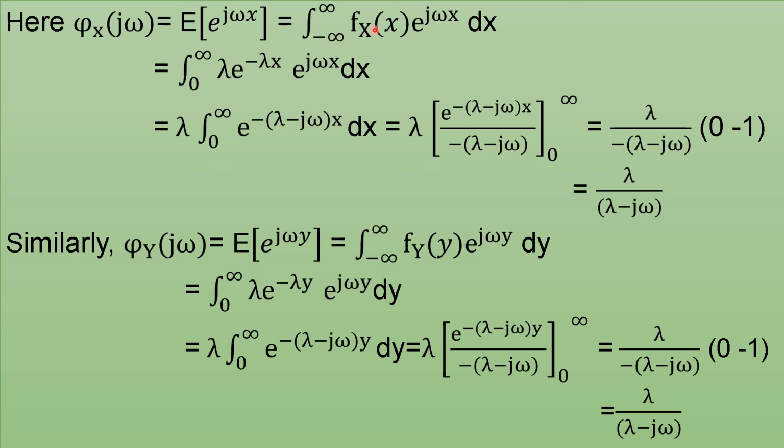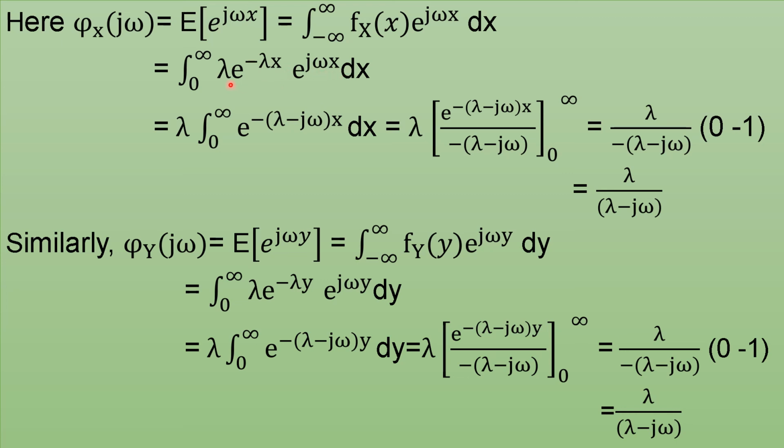And here fx of x means lambda into e power minus lambda x, but for x greater than or equal to 0. So for remaining x values, for x negative, fx of x will be 0. So ignore the negative x values, consider only non-negative x values. X from 0 to infinity, lambda into e power minus lambda x, e power j omega x dx.